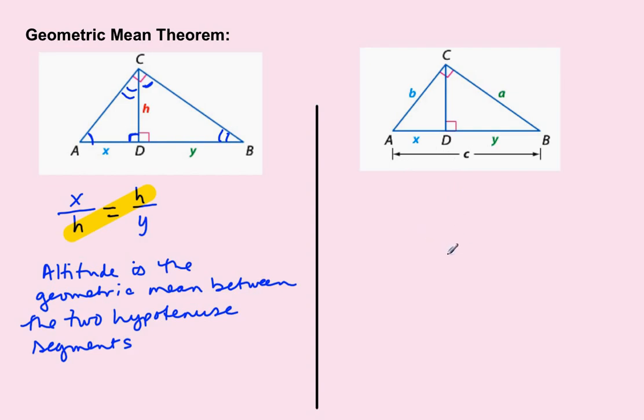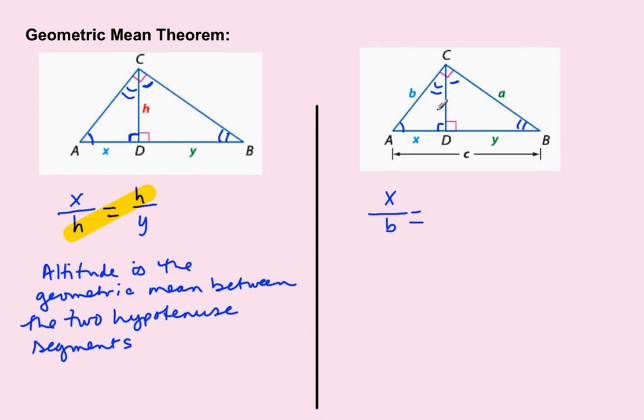So what I can say in terms of geometric mean here goes something like this. I'm going to stick with the marking idea, because it helps me to see that similarity concept, which is what we want here. I'm just going to focus on the blue guys first, and then we'll do the green guys. There's actually two situations going on here. In the blue guys, I can say that the short leg of the small triangle over the hypotenuse of the small triangle, that would be x over short over hypotenuse.